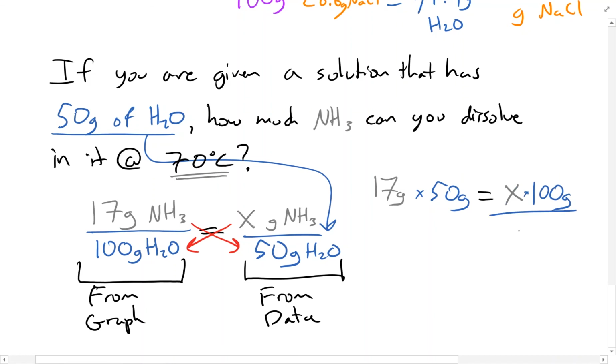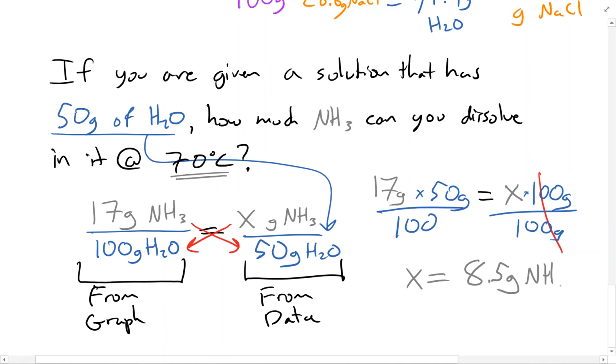So that means the simple solution is divide by 100 on both sides, and we're already going to be done this quickly, right? Because those two cancel right there. And so all we need to do is 17 times 50 divided by 100, and we get 8.5 grams of ammonia would be able to be dissolved in that. And that is a bit of an easier problem.